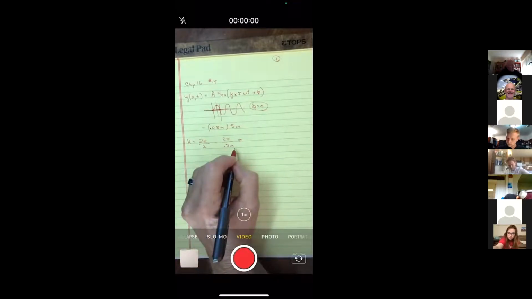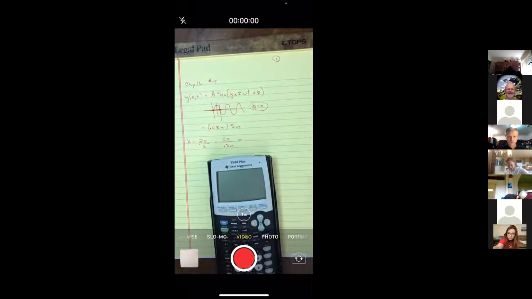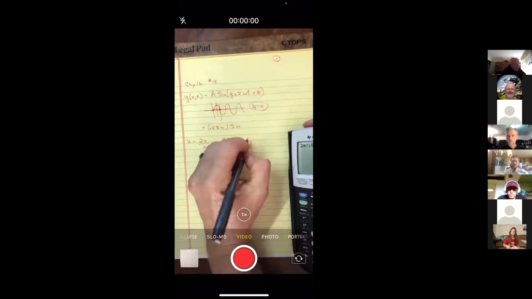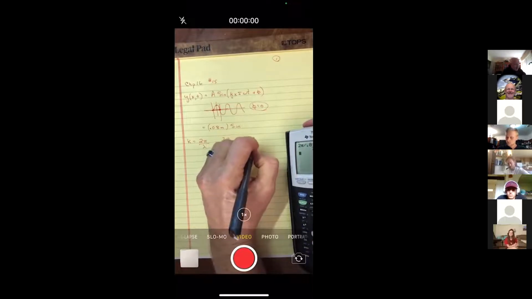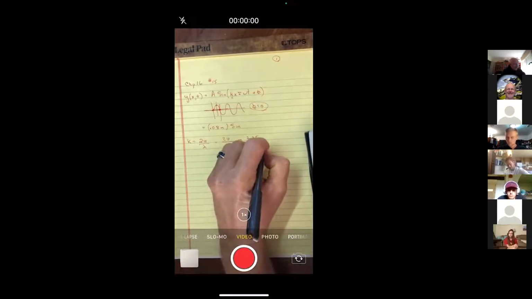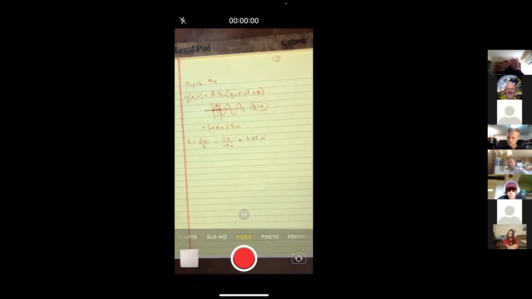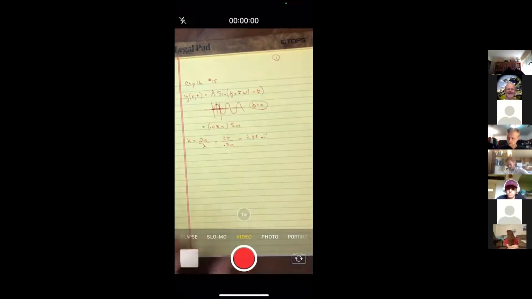So it's 0.8 meters, and grab a calculator: 2 pi divided by 0.8 is 7.85. And the units would be per meter. So 7.85 per meter is the angular wave number. So that's another part we need.